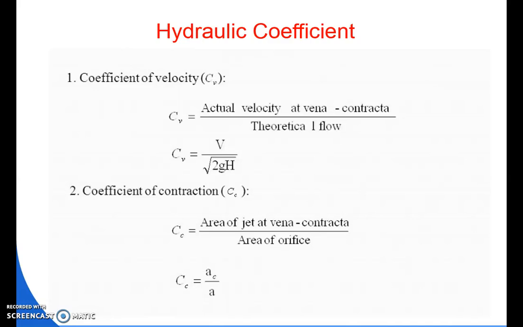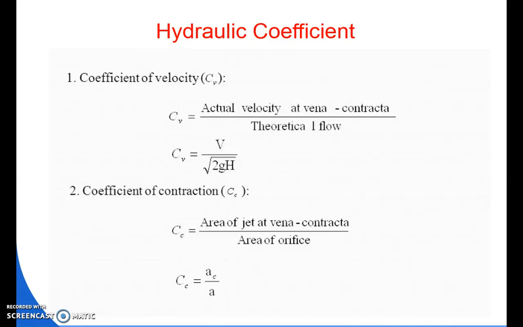You already know that the velocity obtained from the orifice is V equals root over 2gh, where h is the height of water in the tank. So the theoretical velocity of liquid coming out of the orifice is given by root over 2gh.